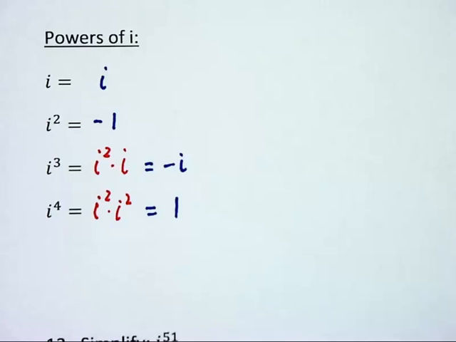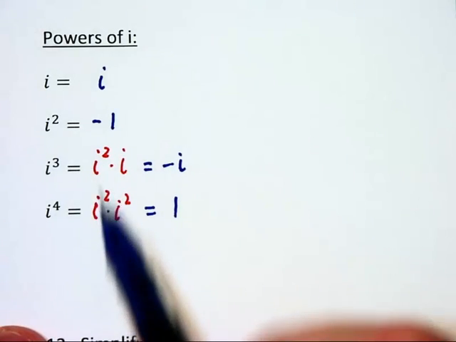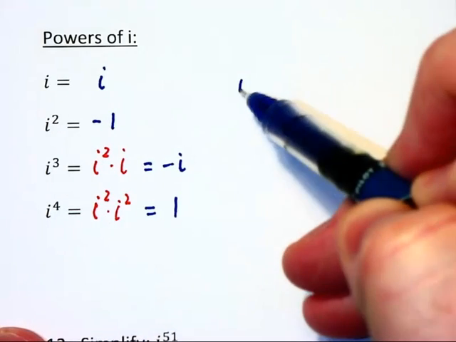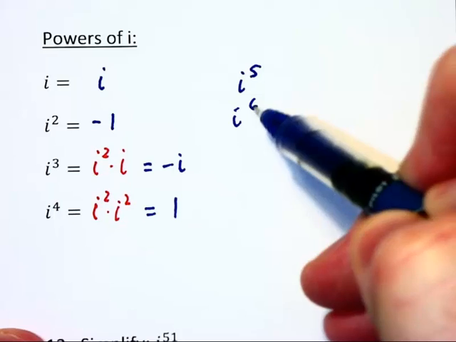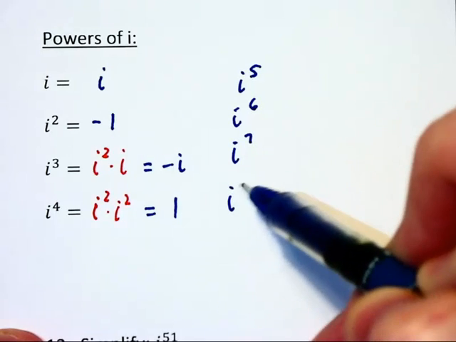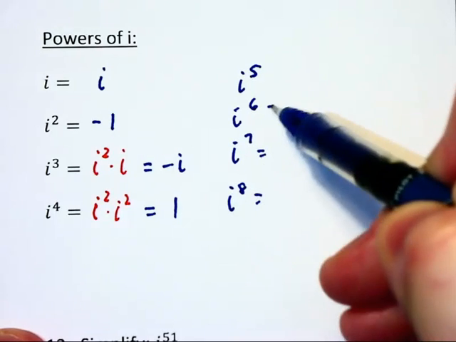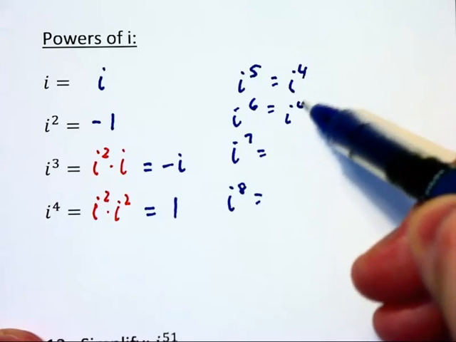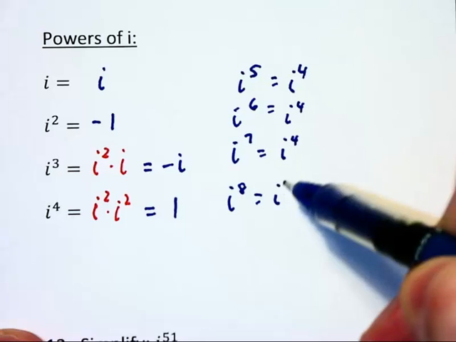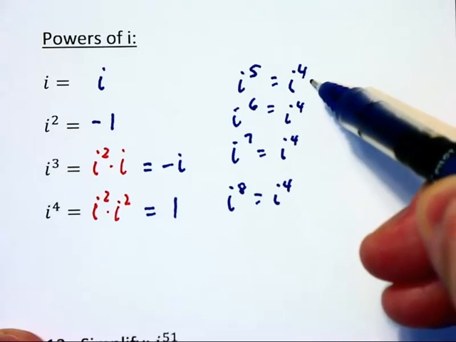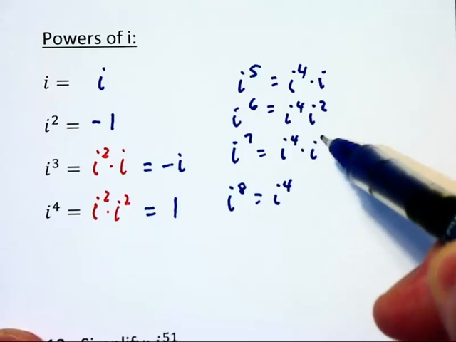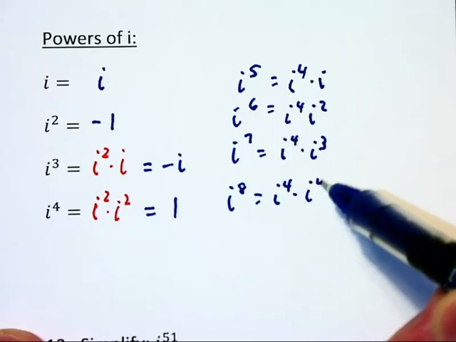Once you go beyond i to the fourth, you don't break this up into terms having i squared inside, you have i to the fourth inside. Let's take a look at i to the fifth, i to the sixth, i to the seventh, and i to the eighth. Each of these can be thought to have an i to the fourth inside of it. And the i to the fifth will be i to the fourth times i, next one times i squared, next one times i to the third, next one times i to the fourth.